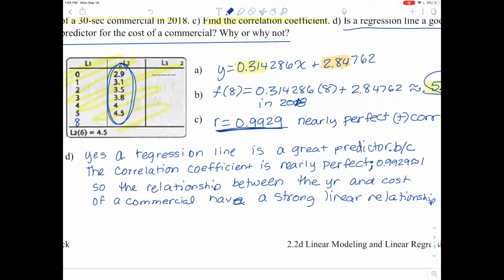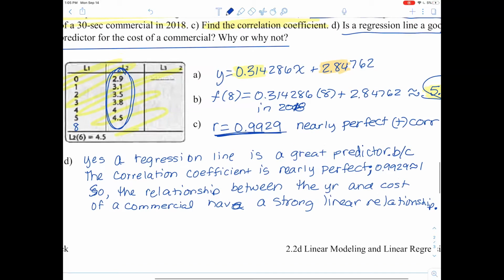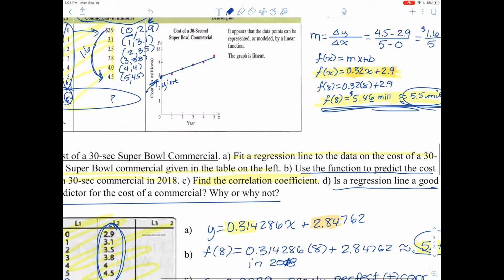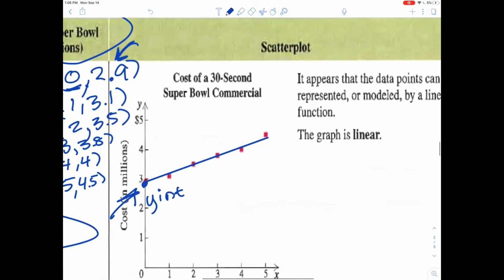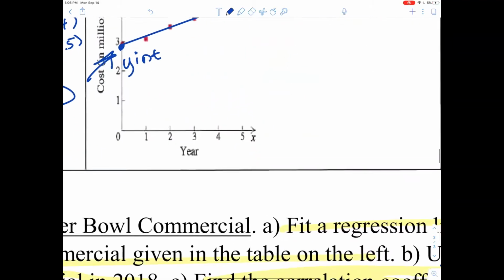Okay, so the relationship between the year and the cost of the commercial have a strong linear relationship, and that would be how I would answer that. I could also mention in my explanation my scatter plot and talk about how tightly those points were clustered around the line as well. So that is how you work with a calculator to do a linear regression.